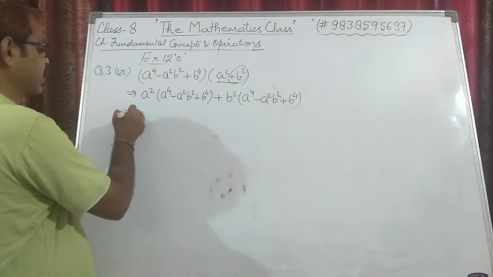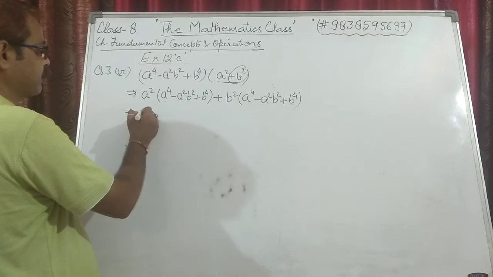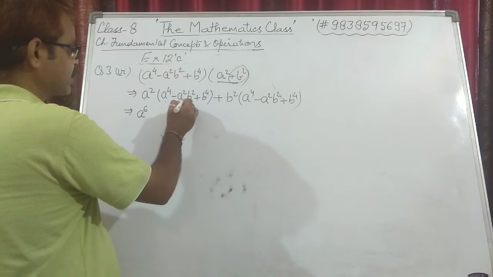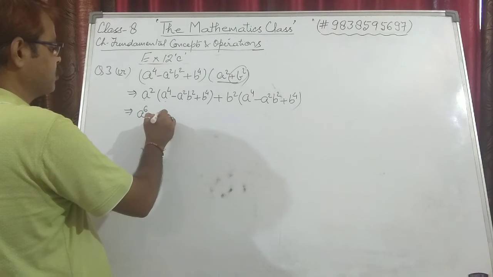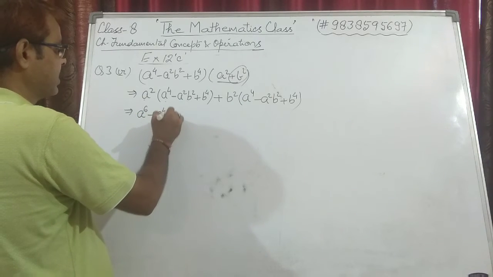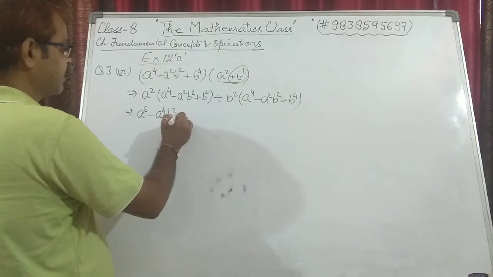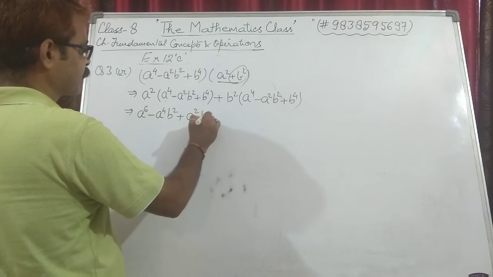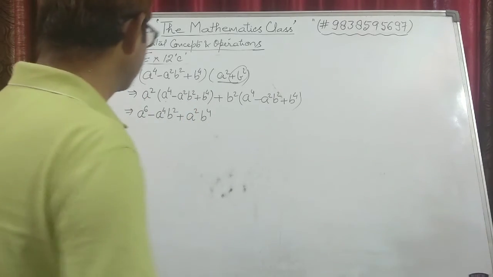Now when we solve it, a square into a to the power 4 will give you a to the power 6. Then a square into minus a square b square will give you minus a to the power 4 b square, and plus a square b to the power 4. How? I'll show you over here.